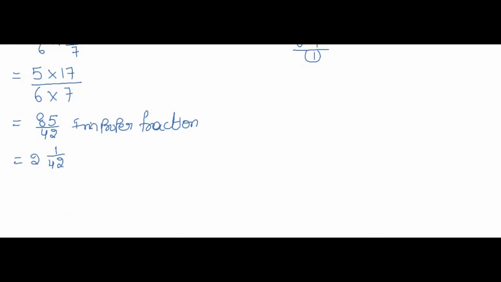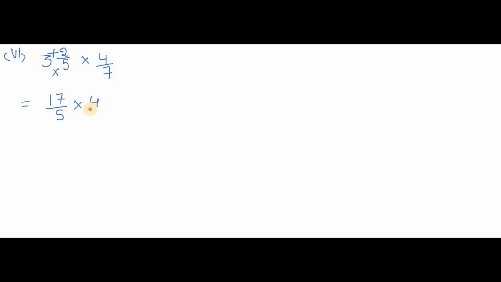Sixth question, 3 2 by 5 into 4 by 7. So a mixed fraction can be converted into improper. 3 5s are 15 plus 2, 17 by 5 into 4 by 7. 4 and 7 will not go, 17 and 5 also will not come, 5 and 4 will not come, 7 and 17 also will not come.